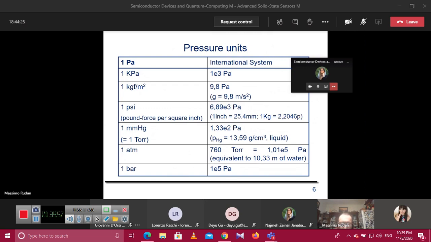Okay, so if you go down in water by 10 meters, you have 2 atmospheres on you. One is the water plus the air on top, and 1 bar is 10 to the 5th pascals. Okay, so these are the many units that are used for measuring pressure.